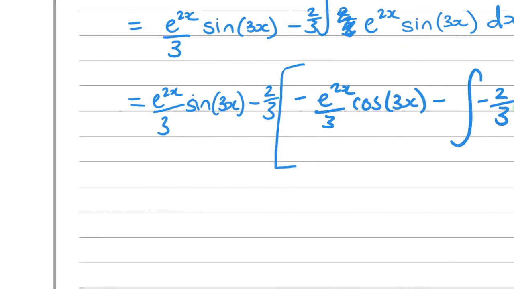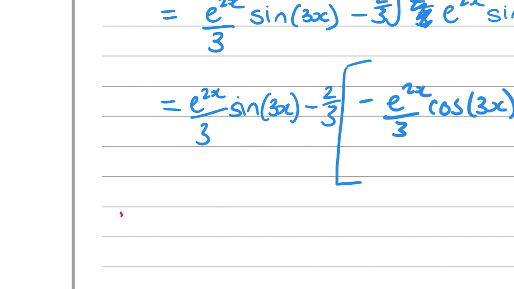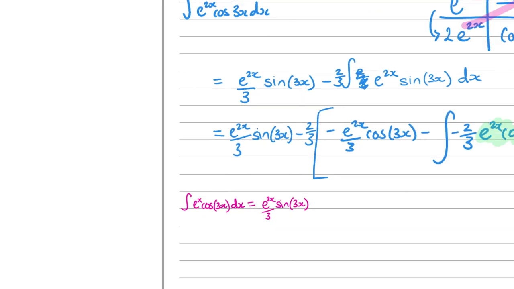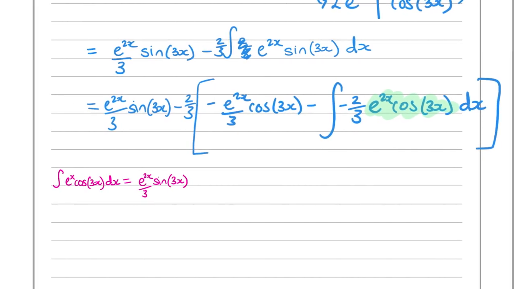So what do we know? We have the integral of e to the 2x cos 3x with respect to x equals e to the 2x over 3 sine 3x. Okay? Now if you think about it, let's expand this bracket here. Let's get plus 2 over 9 e to the 2x cos 3x, right?